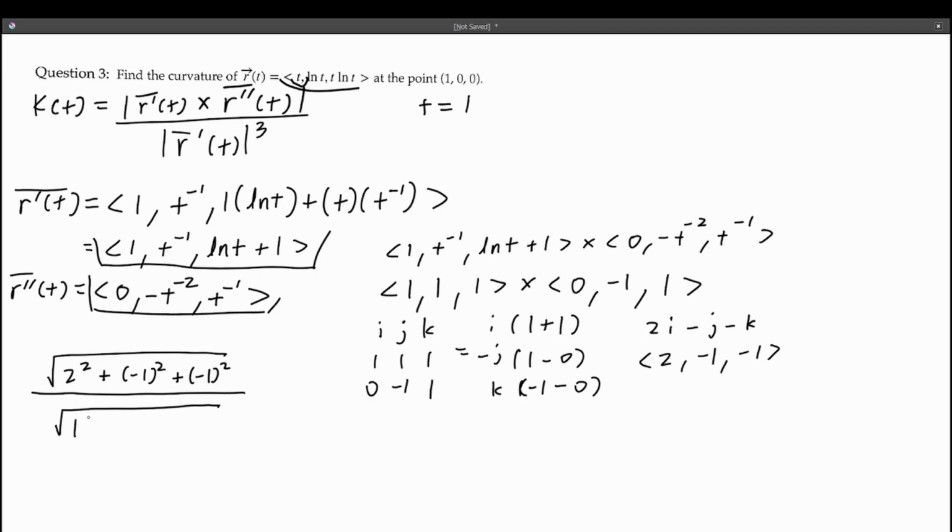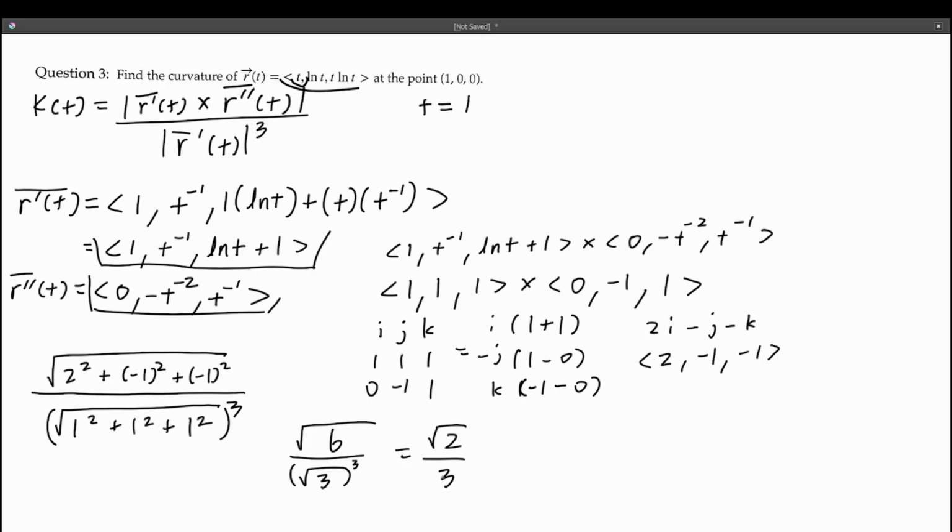So that's the square root of 1 squared plus 1 squared plus 1 squared, and then this right here is cubed. So then we just plug all that in. That gives us the square root of 4 plus 1 plus 1, so that's square root of 6, over the square root of 3 cubed. And then you can leave it in that form, or you can plug it into your calculator, which is equal to root 2 over 3.